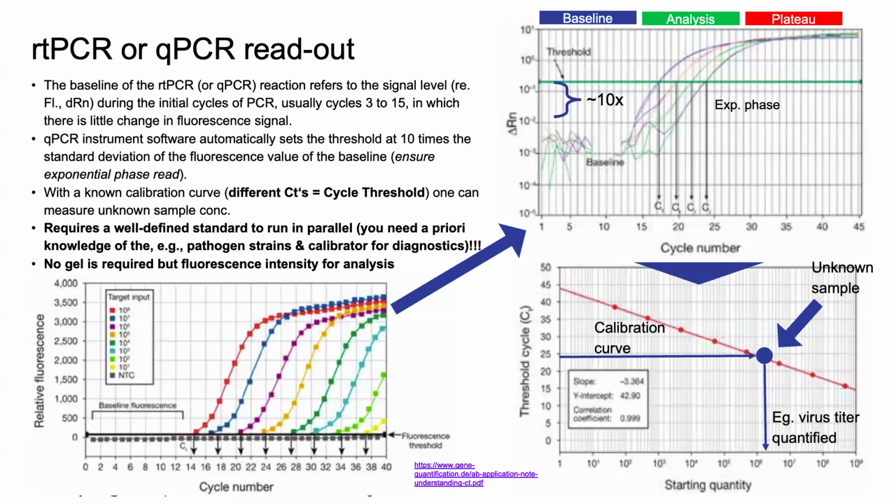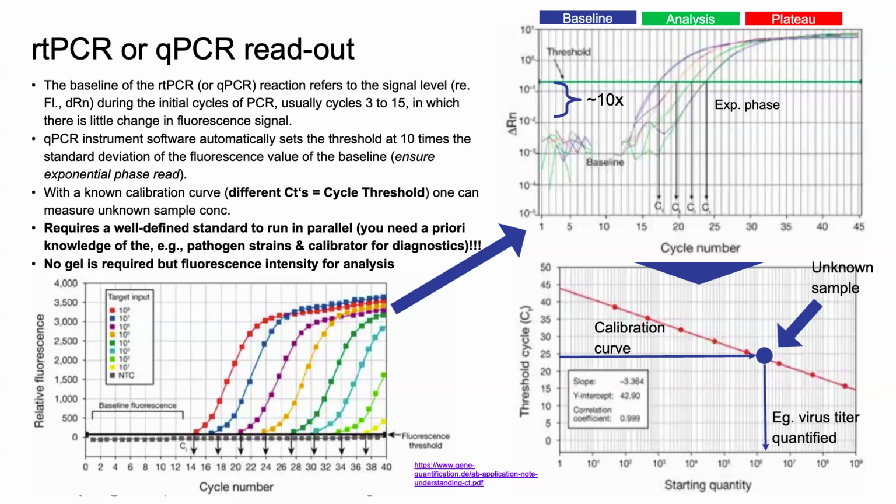This gives me a certain cycle number. And the less starting material I have, what does this? Okay, the less starting material I have, the more cycles I need to achieve my threshold value. Okay, makes sense.